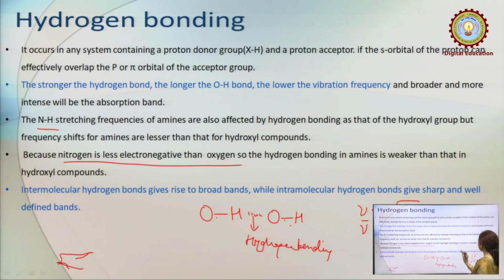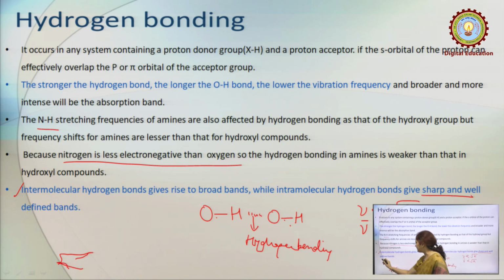So, the hydrogen bonding in amines is weaker than that in hydroxyl compounds. Intermolecular hydrogen bonds give rise to broad bands, while intramolecular hydrogen bonds give rise to sharp and well defined bands.